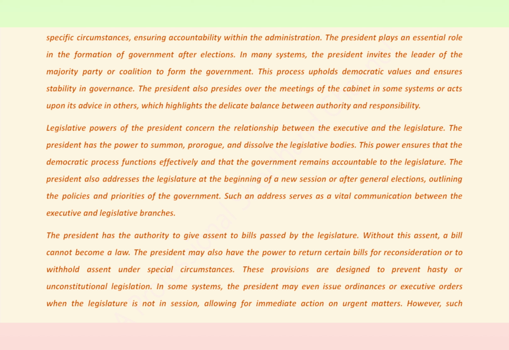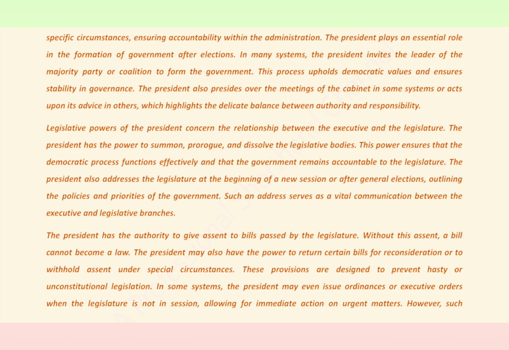The President has the authority to give assent to bills passed by the legislature. Without this assent, a bill cannot become a law. The President may also have the power to return certain bills for reconsideration or to withhold assent under special circumstances. These provisions are designed to prevent hasty or unconstitutional legislation.